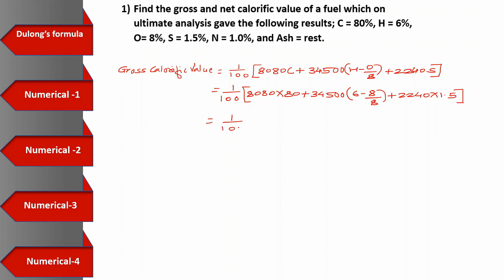So 1 upon 100 [8080 into 80, by calculation 646,400] plus, solving this bracket, 34500 into (6 minus 1) plus, by calculation, 2240 into 1.5, which is nothing but 3360.